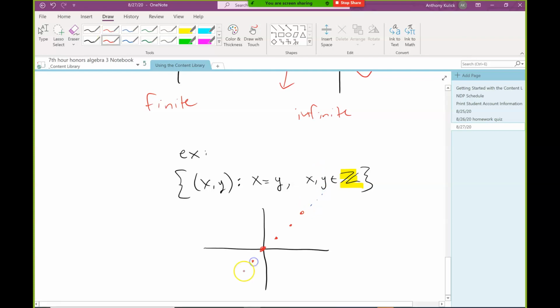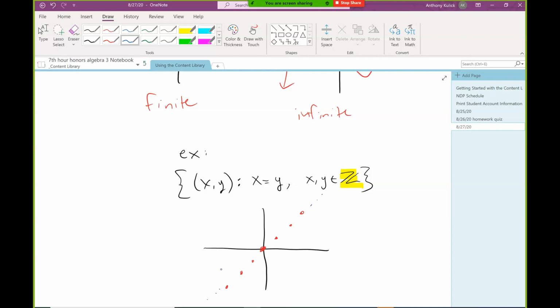And similarly, negative 1, negative 1, negative 2, negative 2, negative 3, negative 3, and on and on. I have infinitely many points, but none of them are connected, right? Because the integers, there's no numbers in between like 1 and 2. You guys see that? So here's an example of a relation that's just points, but is still infinite.